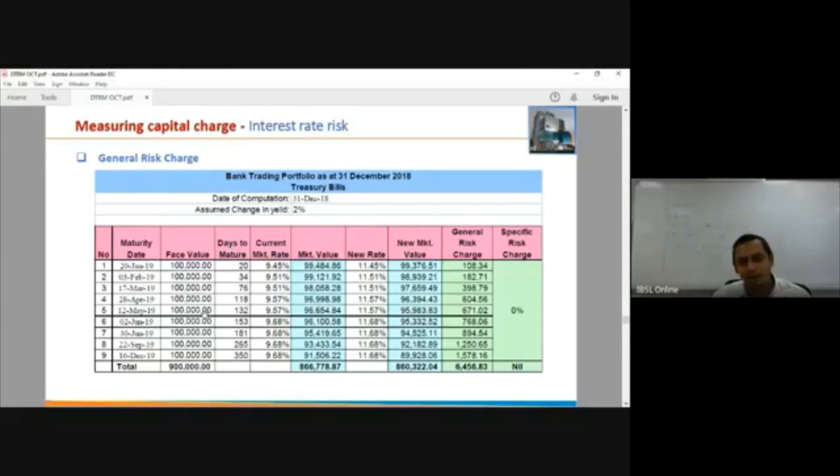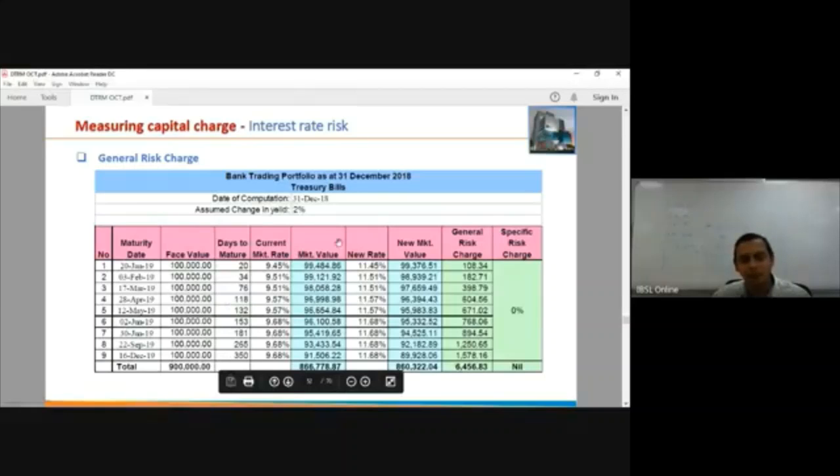I have put all this in days. If you want, you can have it in years, no issue. So this is 20 days. Similarly, computing on December 31st, with maturity on 3rd February, technically we have 34 days to maturity. Similarly, for each instrument you need to compute the remaining maturity.